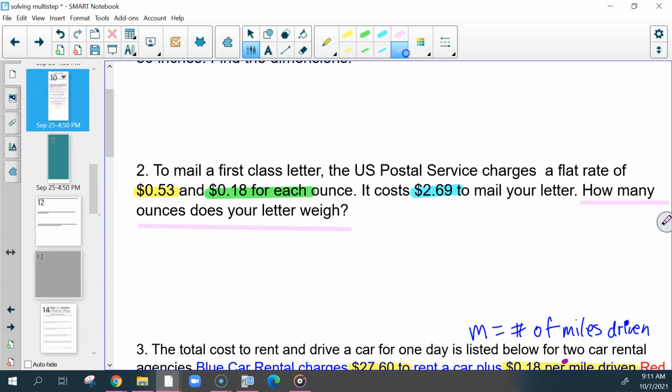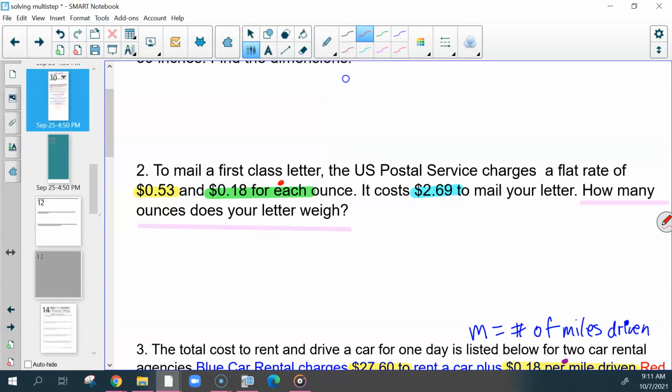So first, anytime a problem talks about like a flat rate, a membership fee, things like that, you're gonna get that charge regardless. So for this case, flat rate of 53 cents, your letter could weigh nothing, but you're still gonna get charged 53 cents. That word for each, we're gonna multiply.